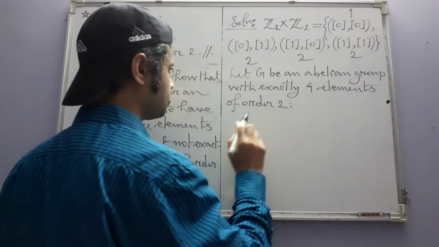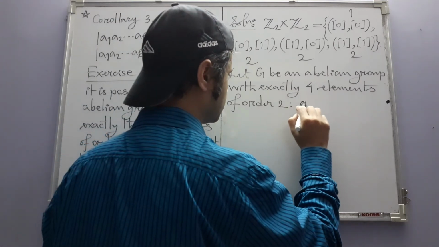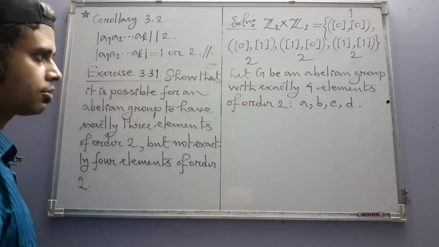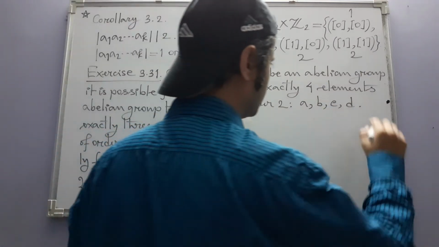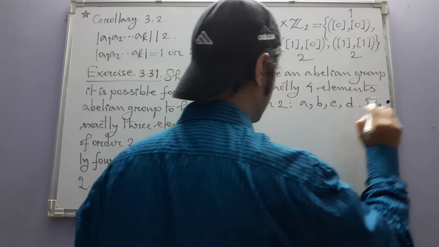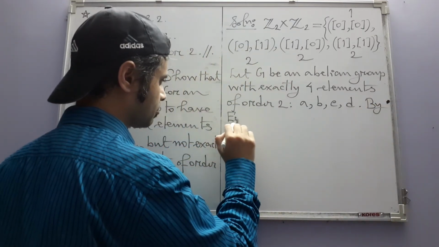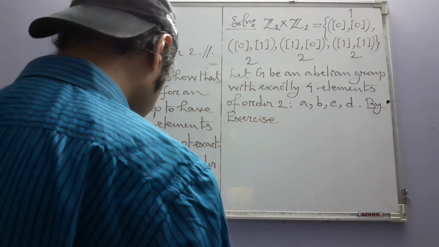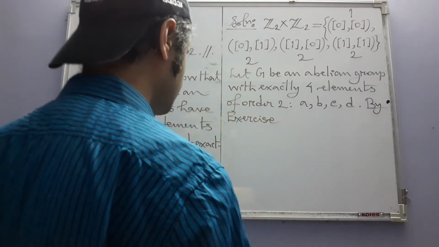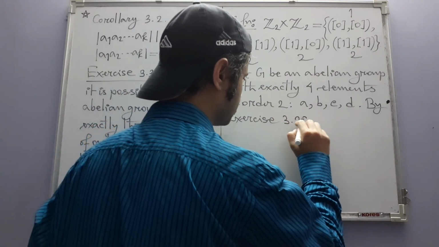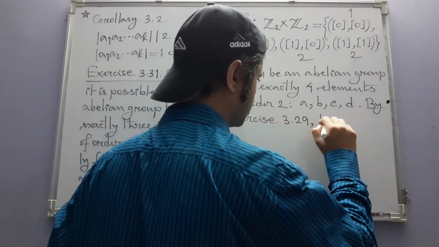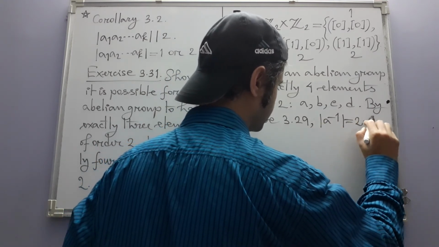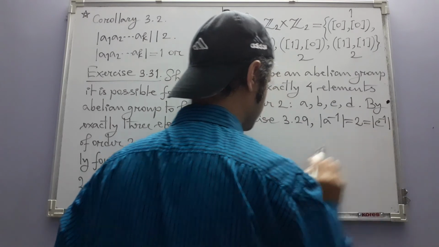That means we are supposing that such a group exists, and we will try to derive a contradiction. By exercise, what was that exercise? 329. Order of A inverse is also 2, like that order of C inverse is also 2.